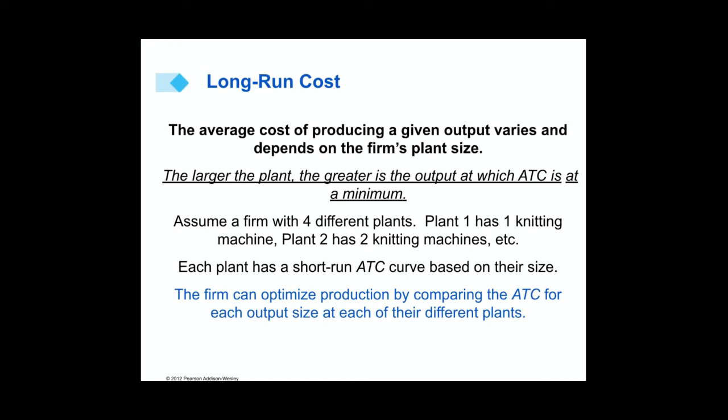With each one of those, there's a certain amount of labor to operate the 1 machine, and the next plant to operate the 2 machines, etc. So the firm can optimize its production by putting the orders that it gets at the factory that has the lowest average total cost for that size output. Again, big orders should go to big factories and small orders should go to the smaller factories.